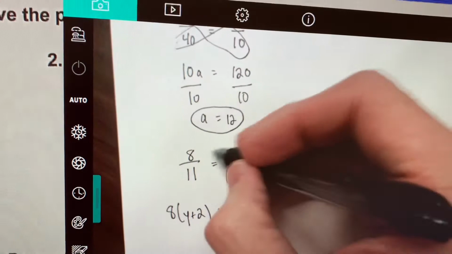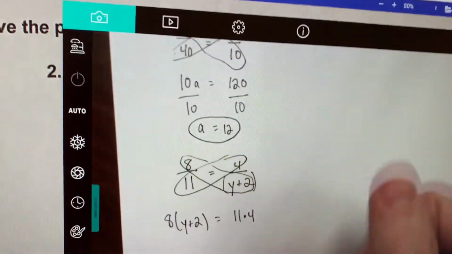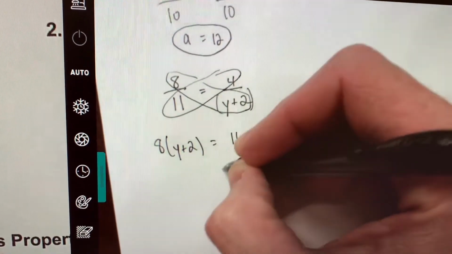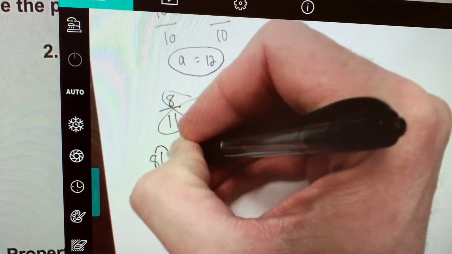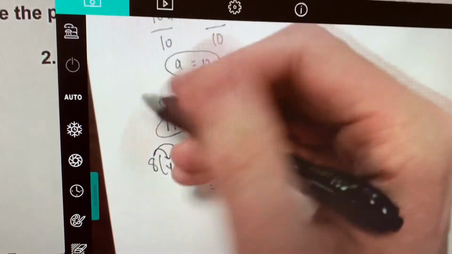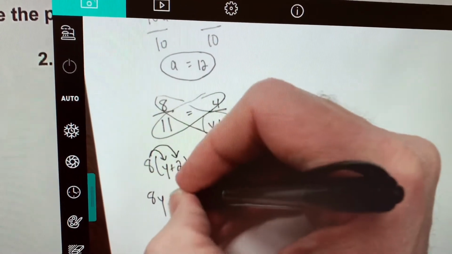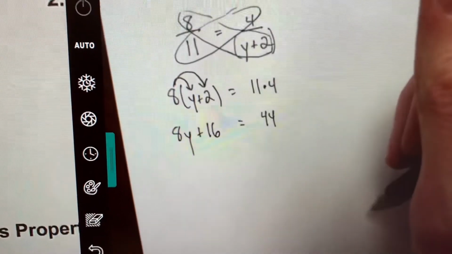I'm cross multiplying here, and I'm cross multiplying here. Now 11 times 4, that's the easy part, that's 44. And then 8 times y plus 2, remember, is the distributive property. So the 8 times the y gives me 8y, and the 8 times the 2 gives me 16. Then I'm just going to solve from there.